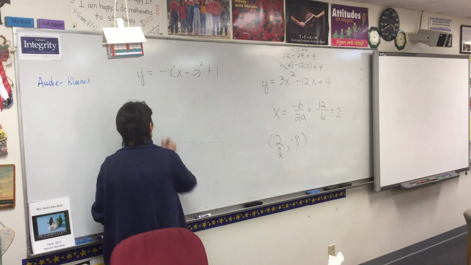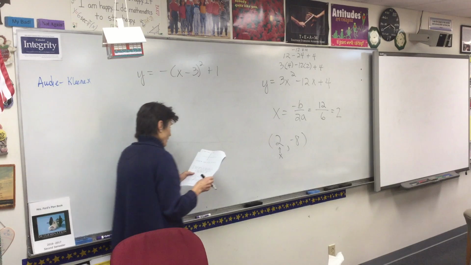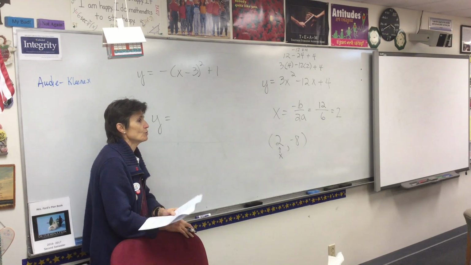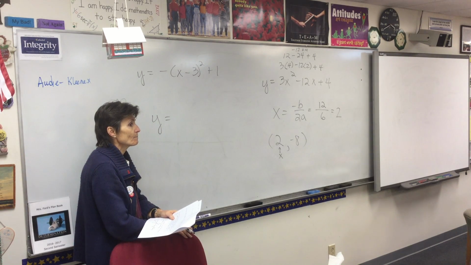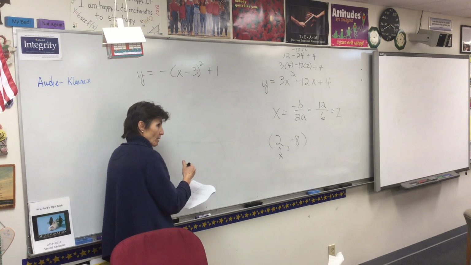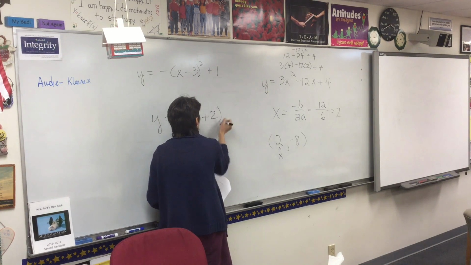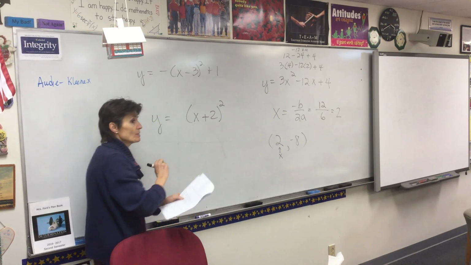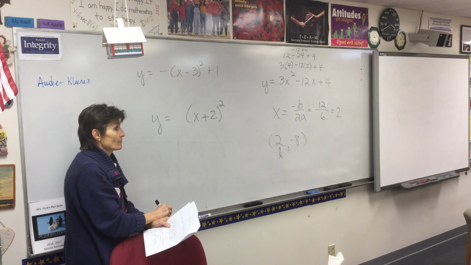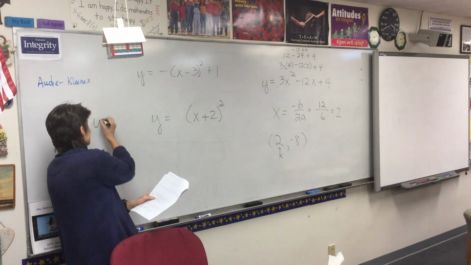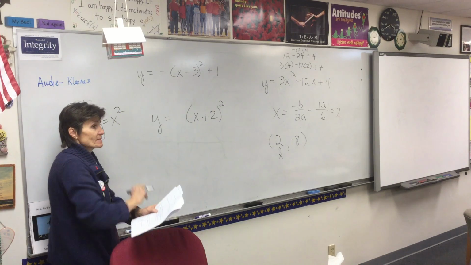So, okay, y equals. All right, what about a horizontal shift to the left? Emma? It would be plus 2, in the parentheses with the x, right? Doesn't that shift us to the left? And it's squared because this is my baseline equation I'm starting with.